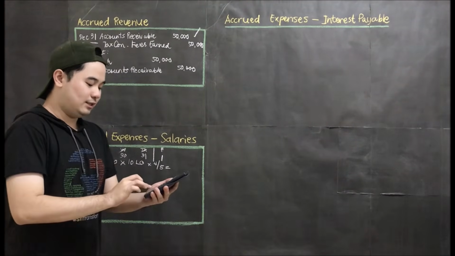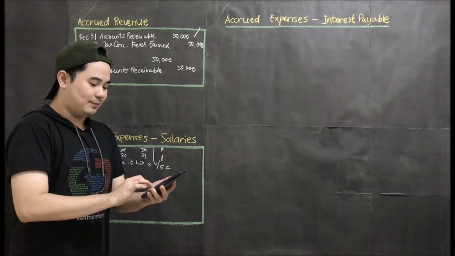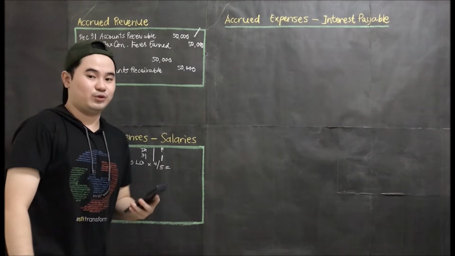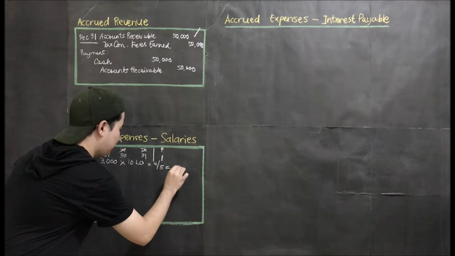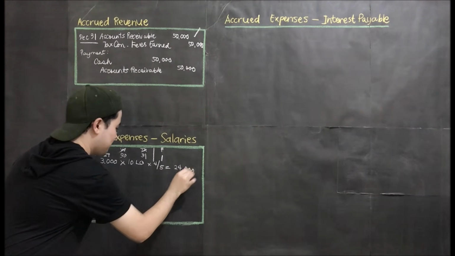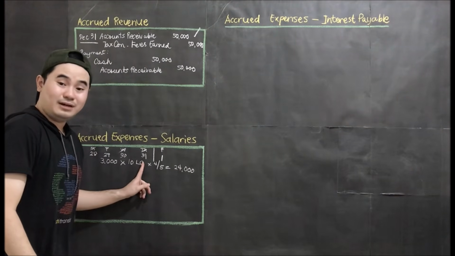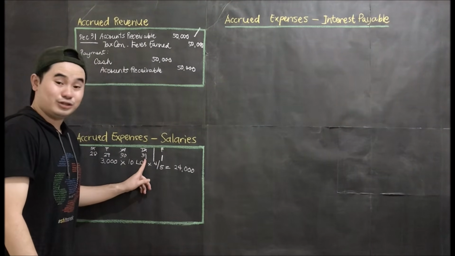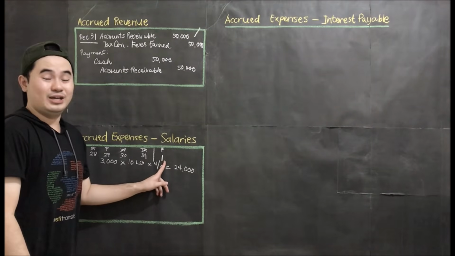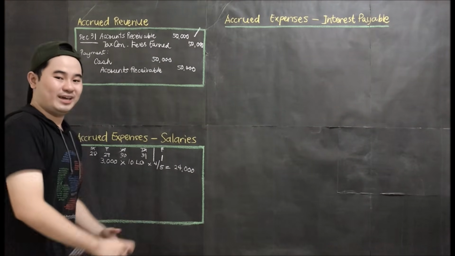So, 3,000 times 10 is 30,000 times 4 over 5 gives you 24,000. So, ang magiging entry po natin ay hindi ka naman magbabayad ng salaries ng Thursday kasi Friday, di ba? So, utang muna, payable. Okay?